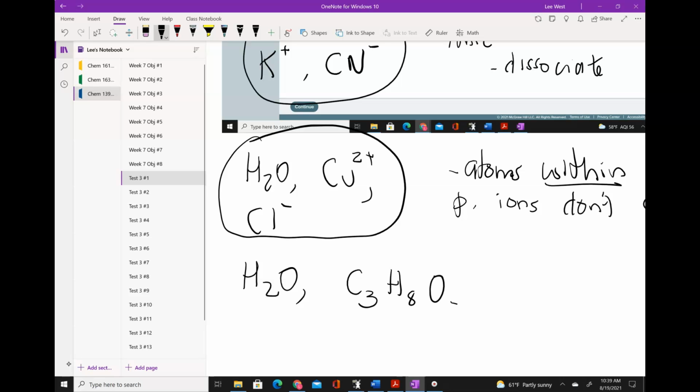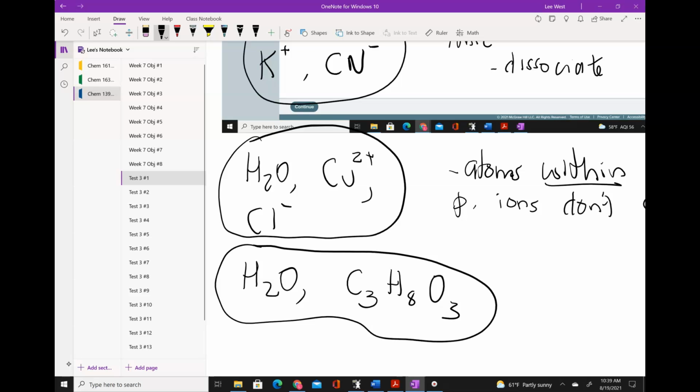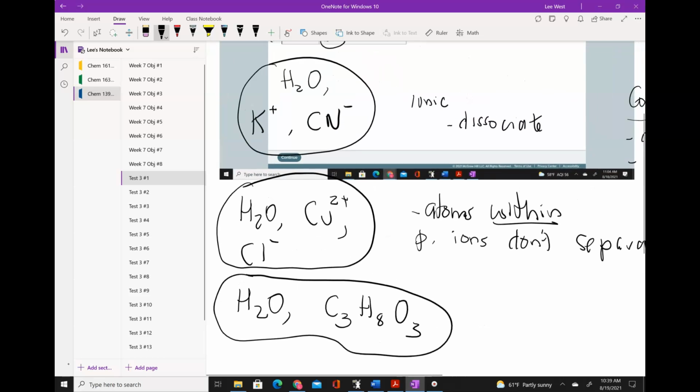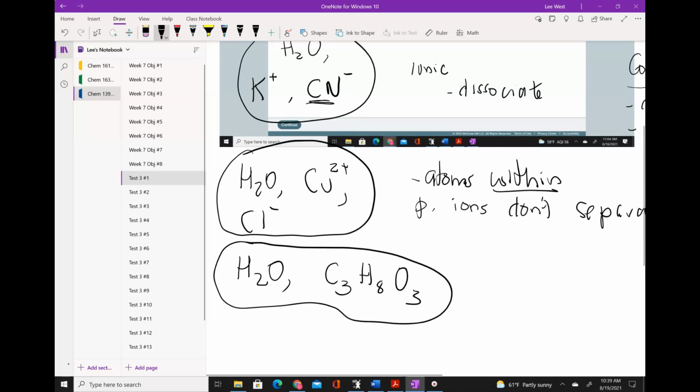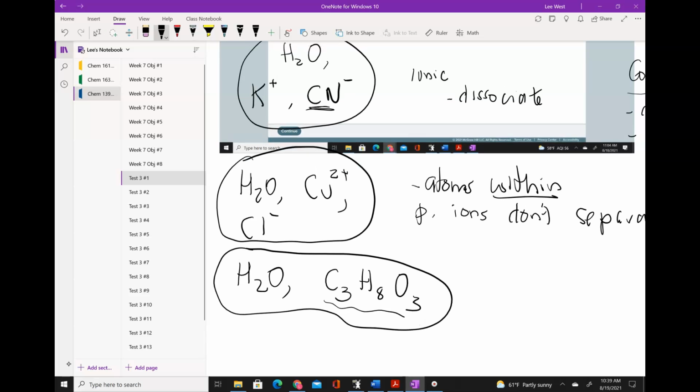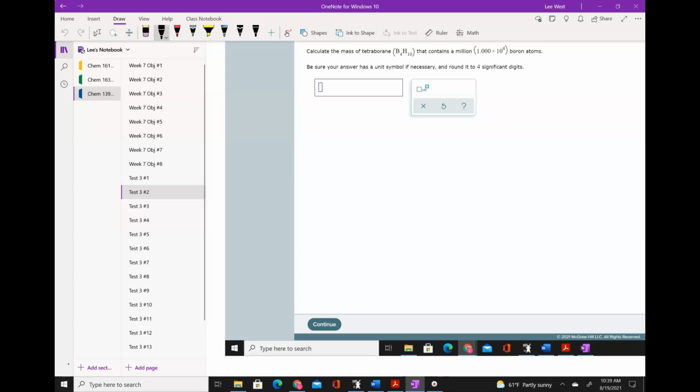There we go. That's the formula for glycerol. And those guys just remain intact. So the key point here is that the water molecules are not going to cause any disruption to covalent bonds, whether that be the covalent bonds within a polyatomic ion or the covalent bonds within a molecule. The water molecules will cause ions to separate from one another.